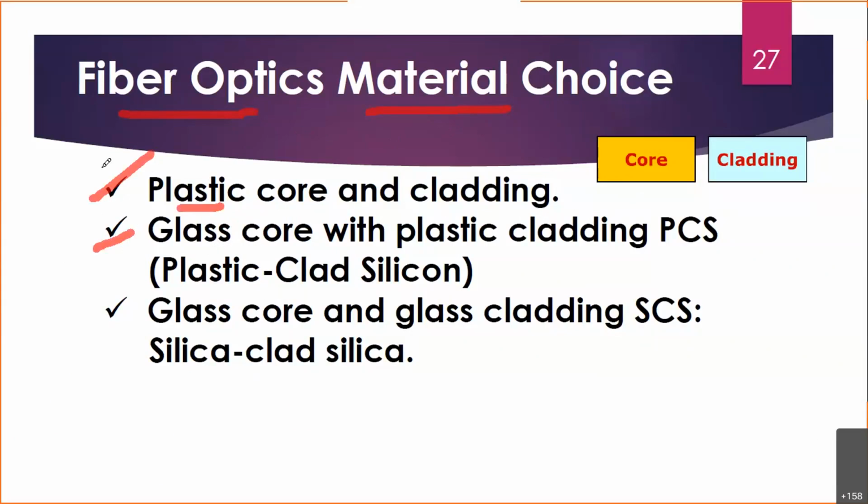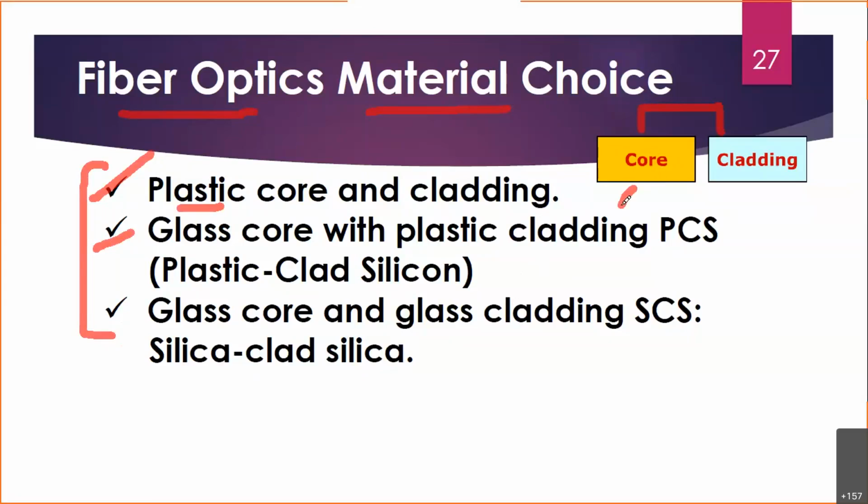Before coming to these three, let me discuss a very simple case. There are two things one needs to prepare: core and cladding. And there are two materials we are going to use, either glass or plastic. Now you see, again there are two possibilities.